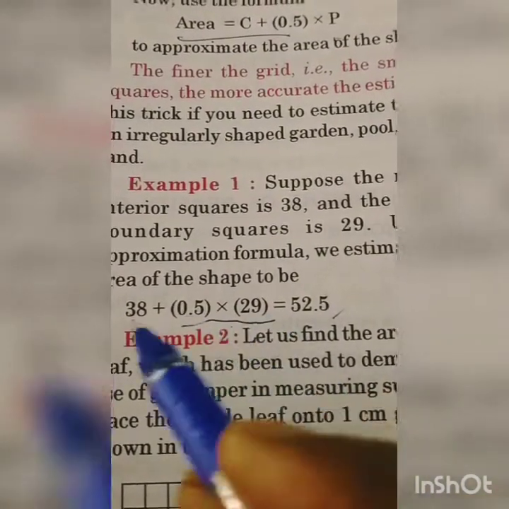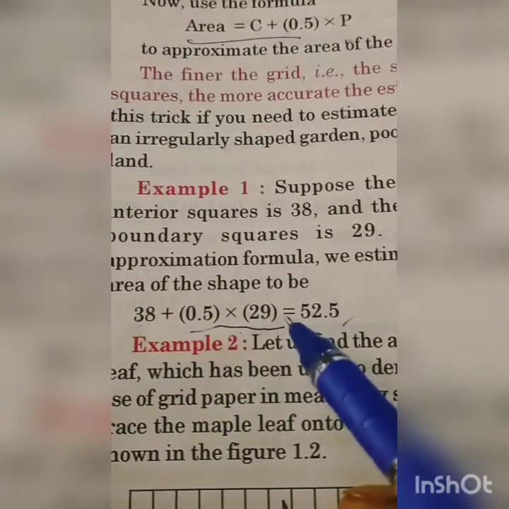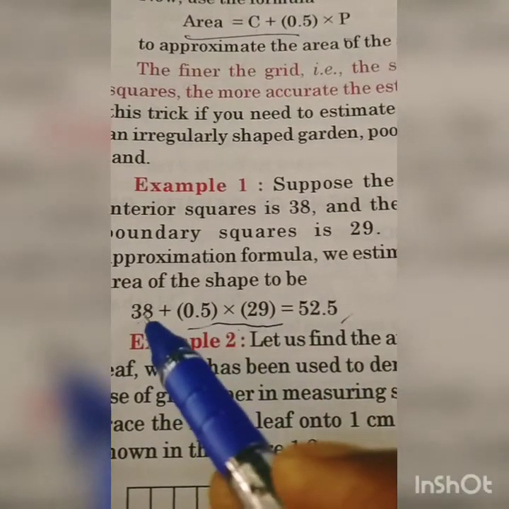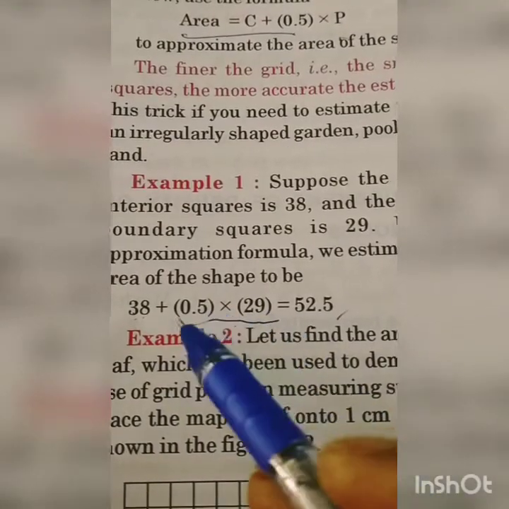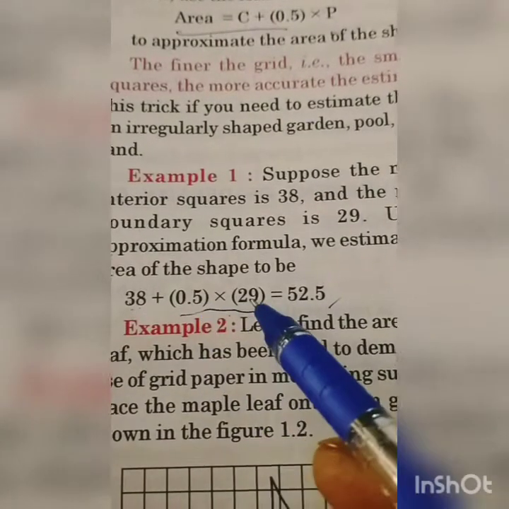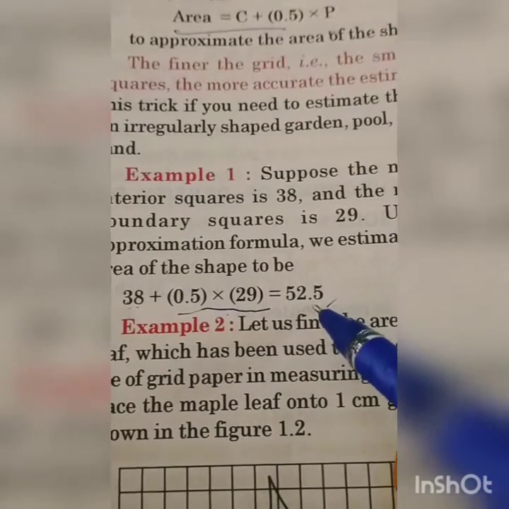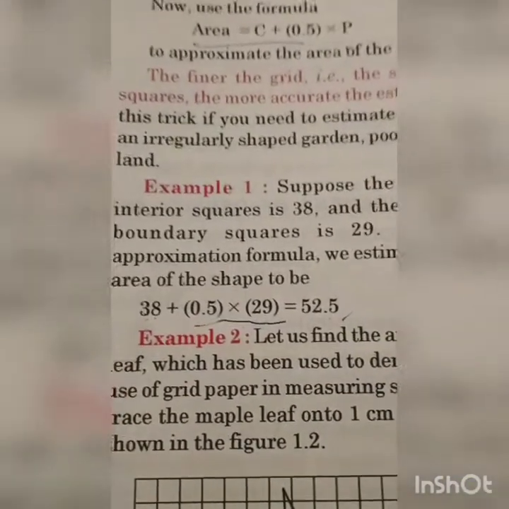Whatever you get, you add to 38. So 29 into 0.5 is how much? That is 14.5. So add 38 plus 14.5, that is 52.5.